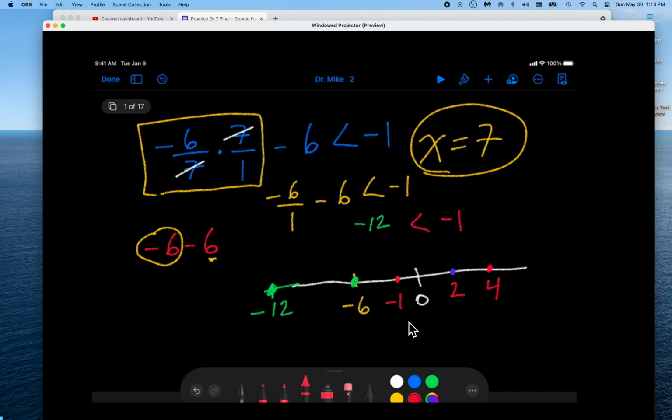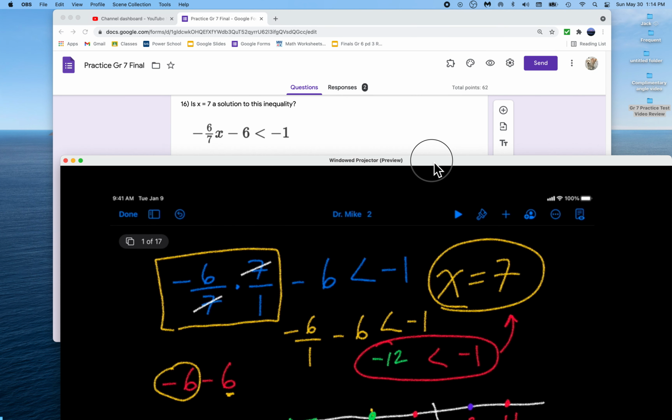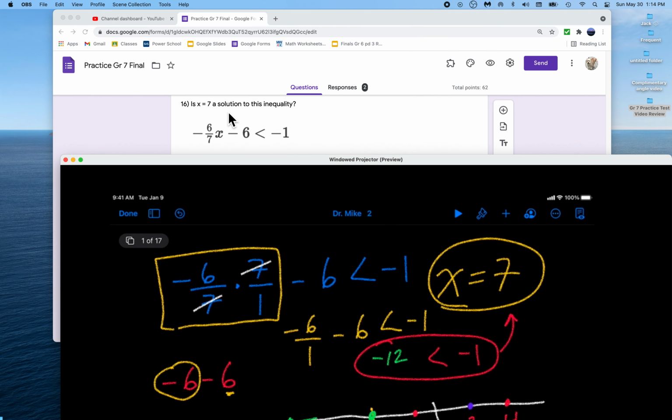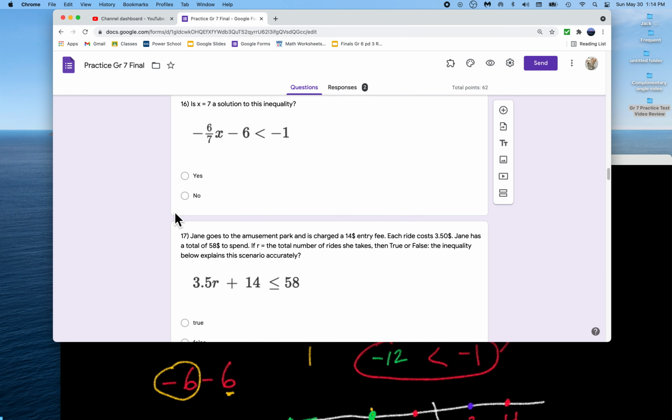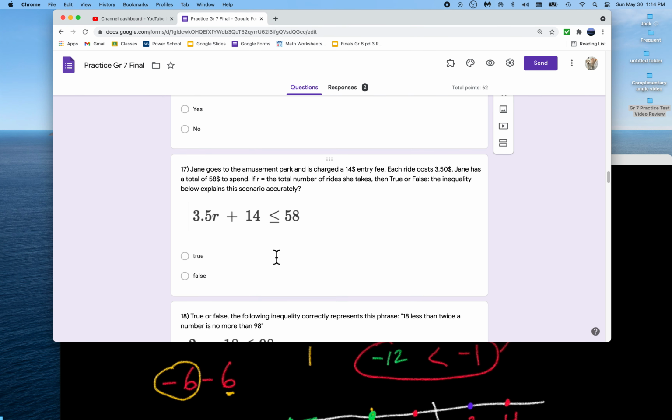What's bigger, -12 or -6? -6 is bigger because it sits to the right. The fact that we got a true statement, -12 is less than -1, means that x equals 7 is indeed a solution to that inequality. So that question means if we plug in 7 for x, do we get a true statement? And we did. So we would say yes to that.